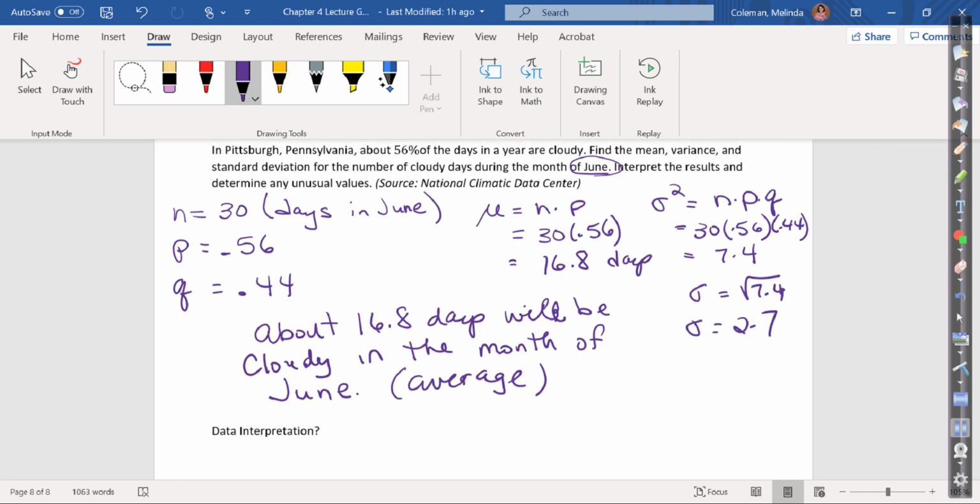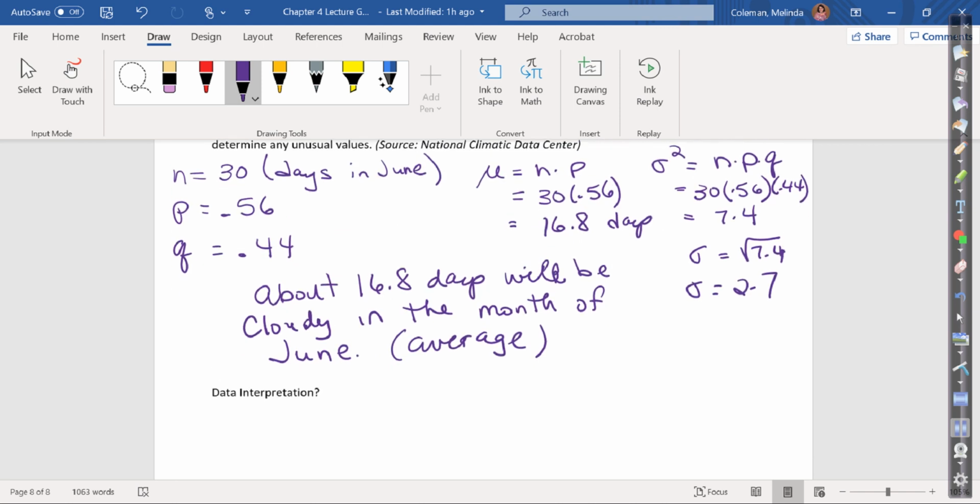So, the question also asks about unusual values. Well, if you remember, for unusual values we take the mean minus 2 times the standard deviation, and the mean plus 2 times the standard deviation.